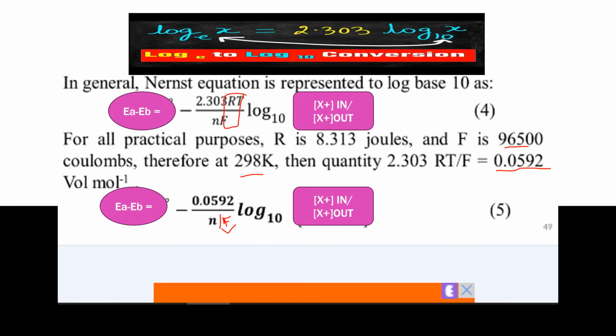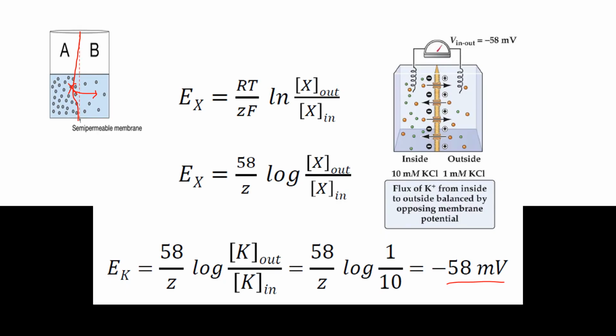That is, when the membrane is only permeable to potassium, how the potassium will move and how it will drive the resting membrane potential, that we will understand. So if we look here, one example is given: potassium inside is 10 millimolar and outside is 1 millimolar. We know that intracellularly potassium is more. So 1 by 10, that is a minus value, so minus into minus becomes positive.